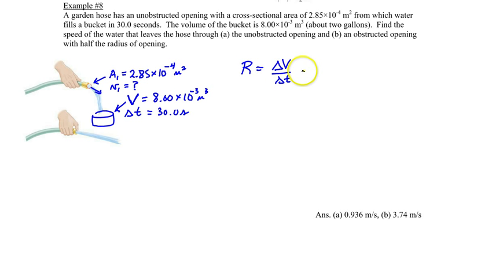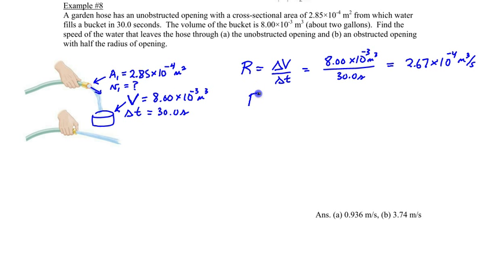So if we take the volume of the bucket, 8 × 10^-3 meters cubed, and divide by the time, 30 seconds, we get a volume flow rate of 2.67 × 10^-4 meters cubed per second. That is the amount of volume per second.